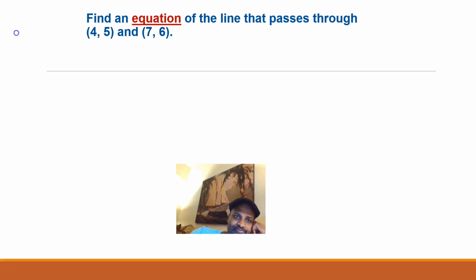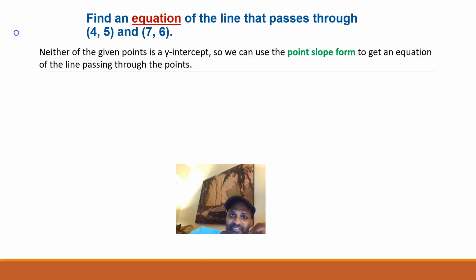Here's another scenario. Suppose we want to find the equation of the line that passes through the points (4, 5) and (7, 6). Note that neither one of these points is a y-intercept. Since that's the case, we need to use the point-slope form to get an equation of the line passing through the points. So here are the steps.